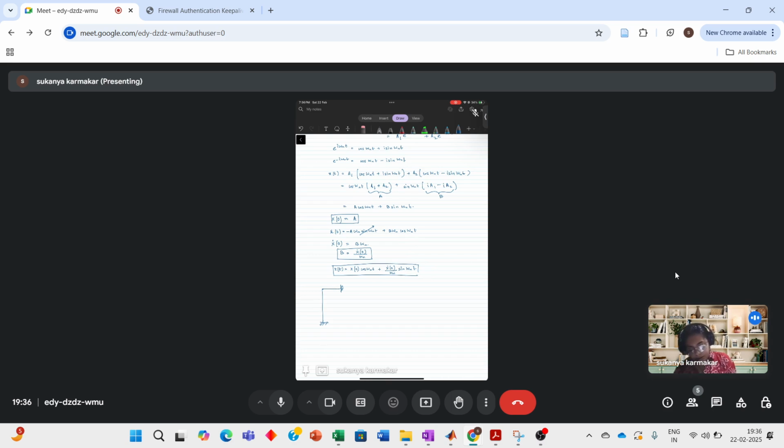You pull this string with a certain mechanism, and then you cut the string. What will happen? It will go from this side to this side, then again move back, and slowly it will come to its initial position. This is free vibration.